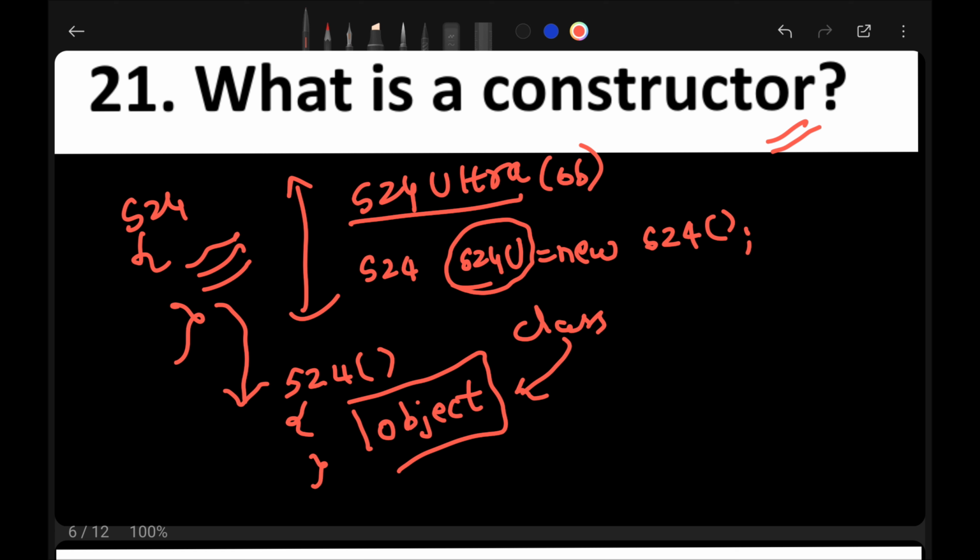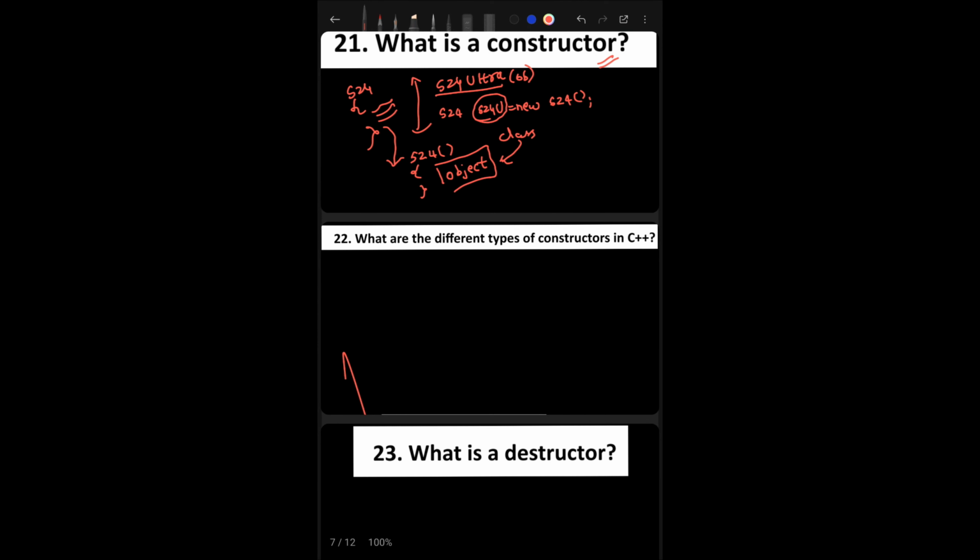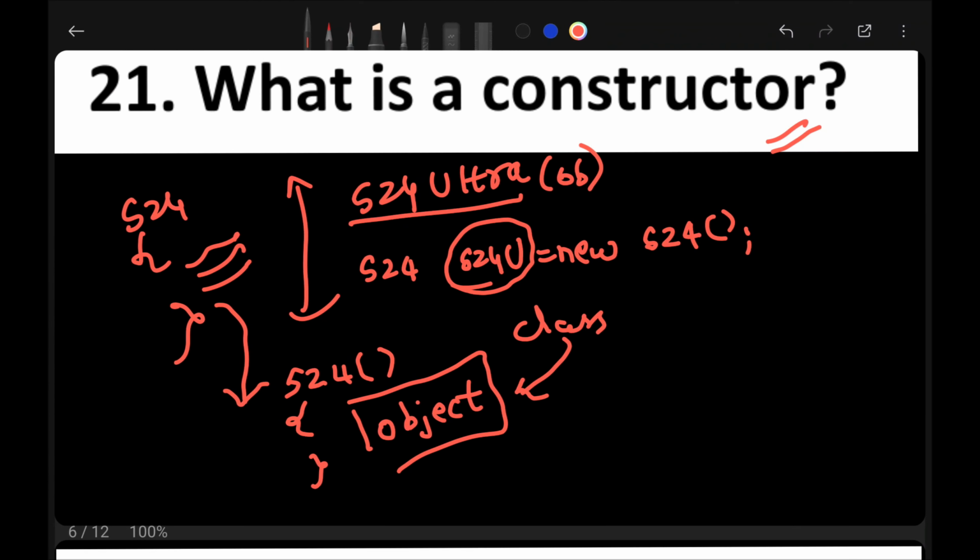So this is basically a constructor. If I was asked in an interview, what is a constructor? A constructor is a block of code that initializes a newly created object. A constructor name resembles the class name, sir. This would be my answer. And remember, a constructor does not have any return type.